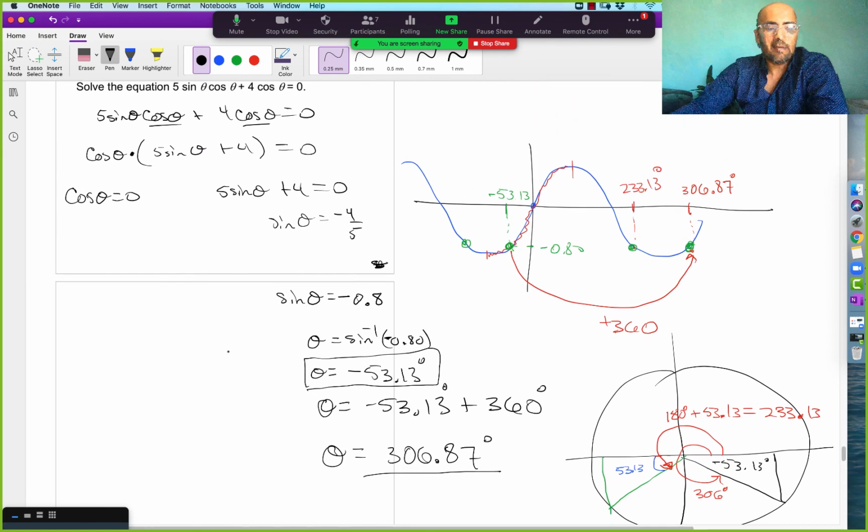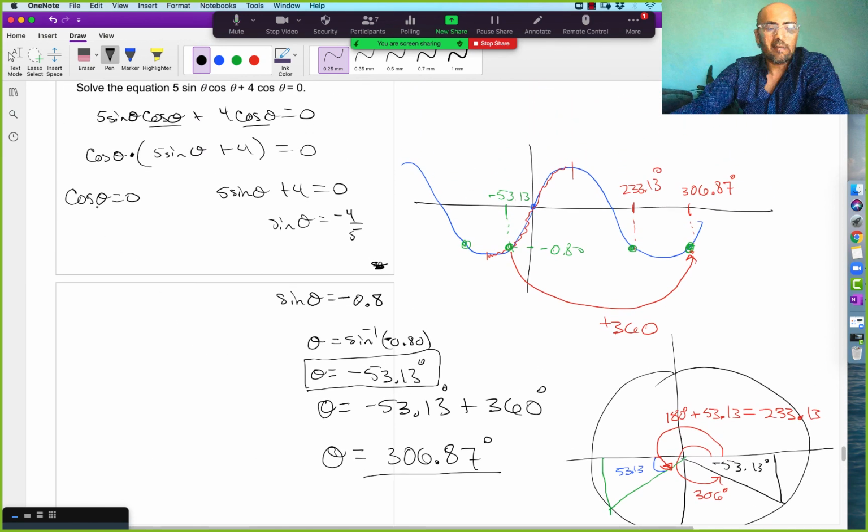Okay, but now coming back to this guy, we have to find the other answers. This one should be easier if you think about the cosine function. The cosine function has a standard graph that looks like this. It comes down, comes back up, and it goes through 0. Cosine of theta equals 0 at pi over 2 and at 3 pi over 2.